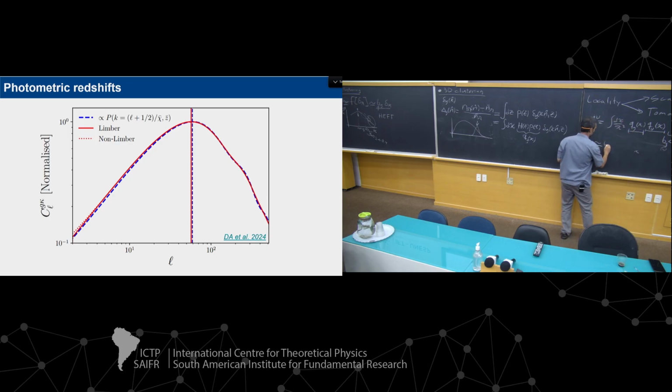So b_g and then b_u at the mean redshift of the galaxies times the integral of d chi over chi squared, q_g, q_u, and then the matter power spectrum.